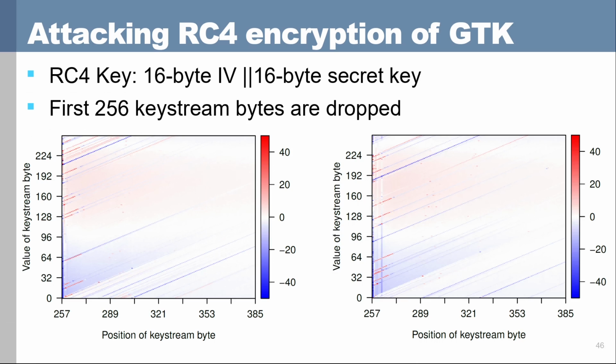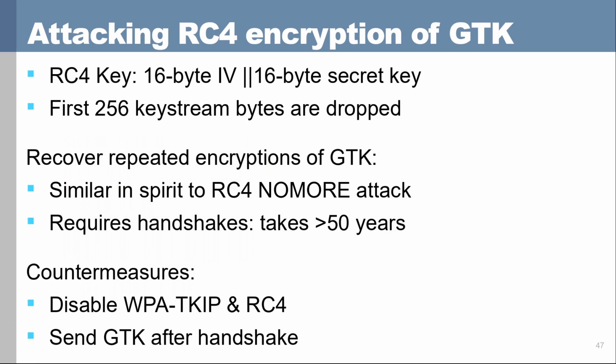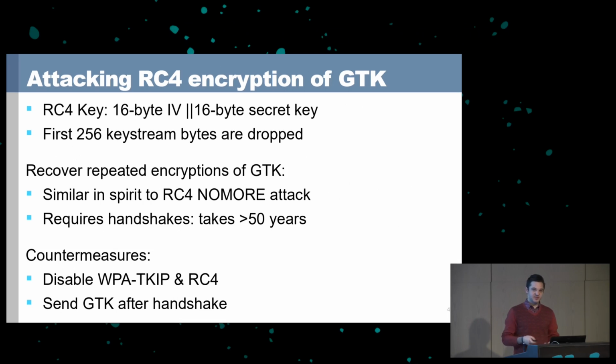So if we were to perform similar attacks against the ones that were executed against SSL and HTTPS in a few recent years, then we can see it's still a theoretical attack because it would take around 50 years to execute. And the reason is because we need to collect a lot of encrypted traffic to perform our cryptanalysis. And in the case of Wi-Fi, this is very time-consuming to do. However, attacks only get better.